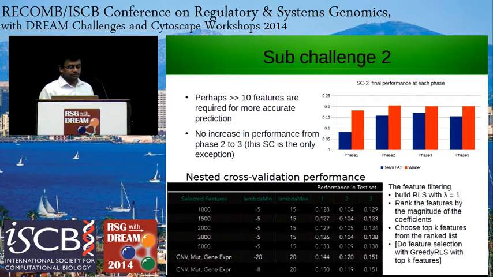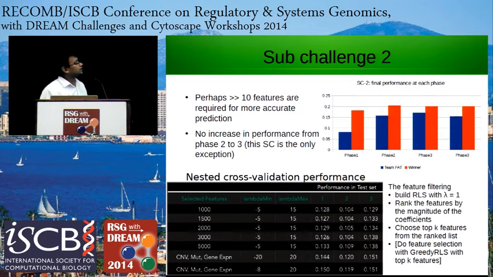For sub-challenge 2, we have applied the same approach, where T equals 1. So the number of tasks is 1, meaning that we are predicting each gene's essentiality separately. In our approach, we seem to have improved the performance over the phases, but the same thing does not actually hold for the best team.